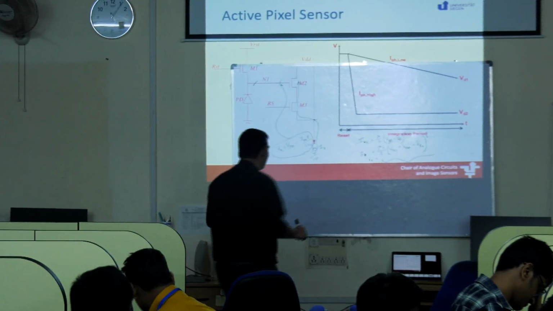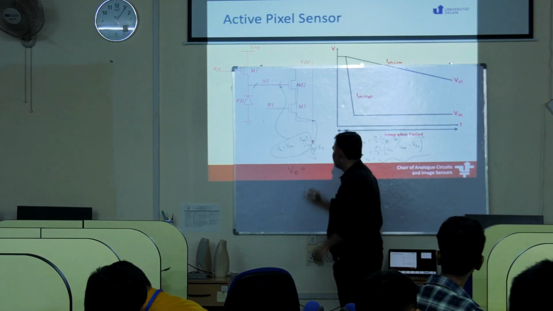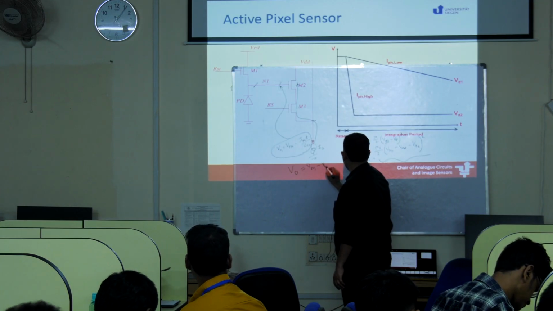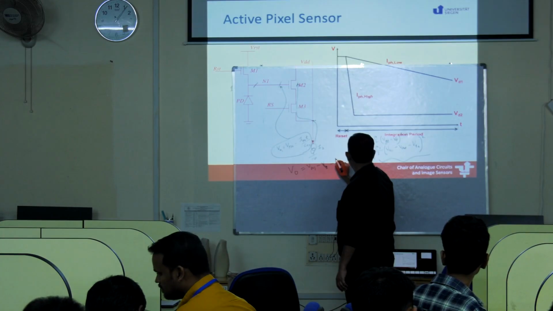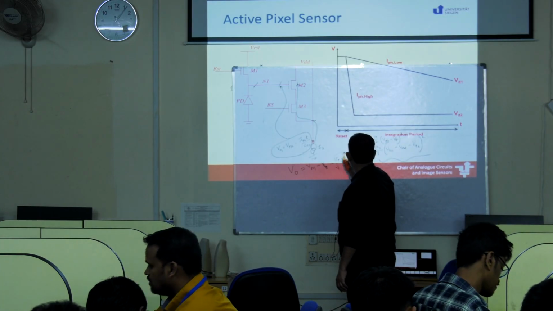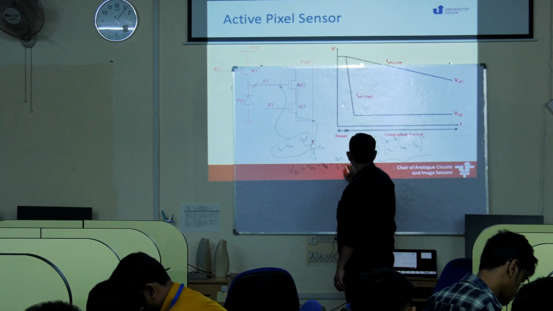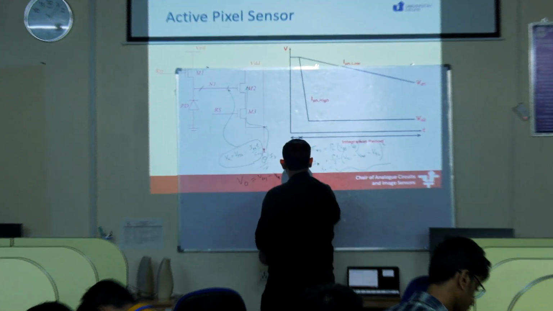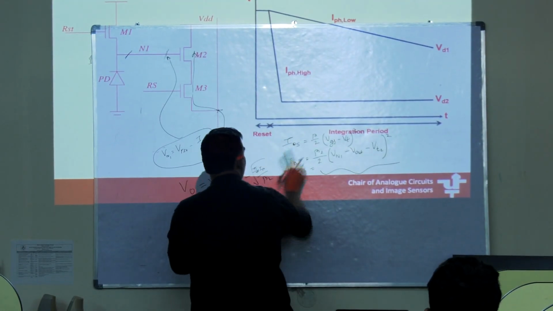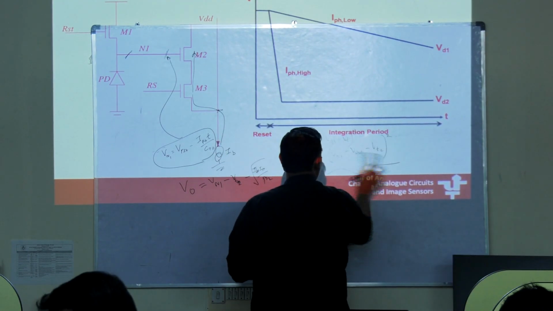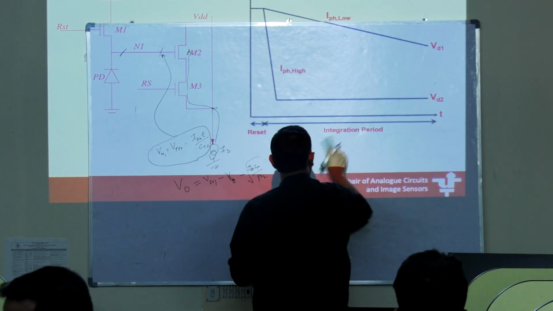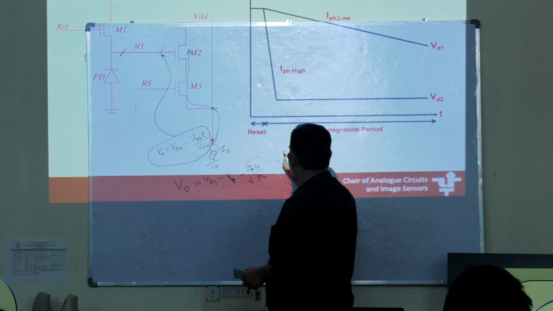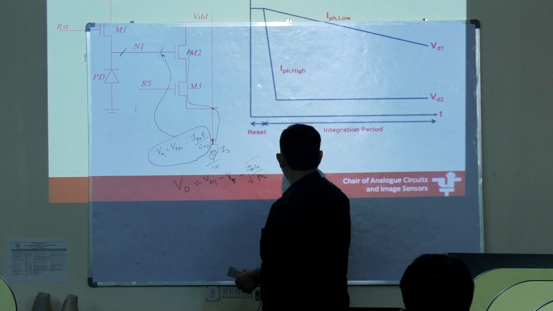What I wanted you to do, you would have got something like this. You would have got V output is equal to Vn1 minus Vt2 minus the square root of 2Id by beta, minus the photocurrent term.